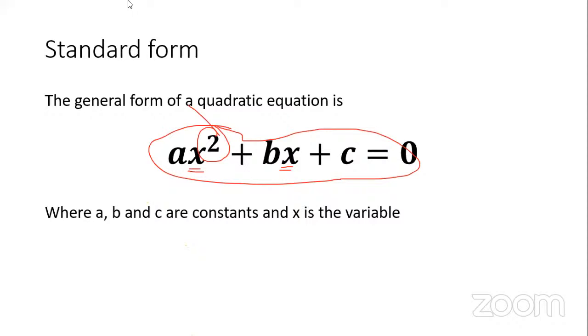Constant, it means like something which is stable. Okay, which does not change. Thank you. Any other idea? Okay, I have one in the chat. Values that do not change, from Mutebi. Thank you. So what are examples of those values that do not change?